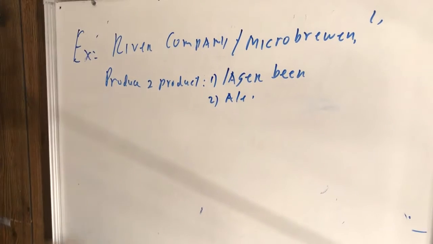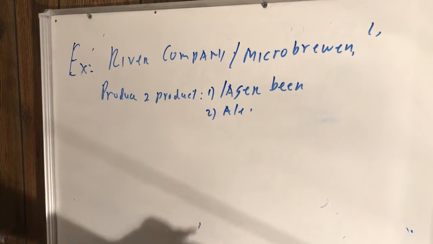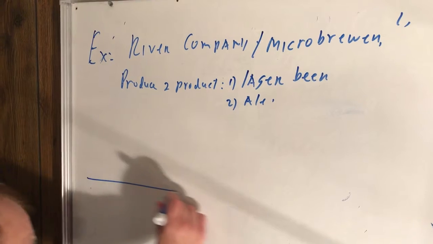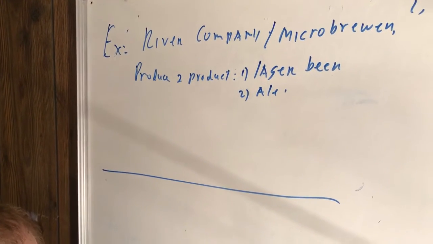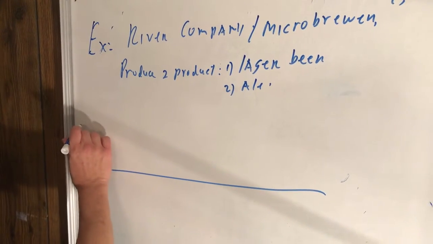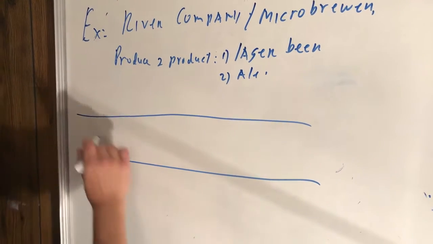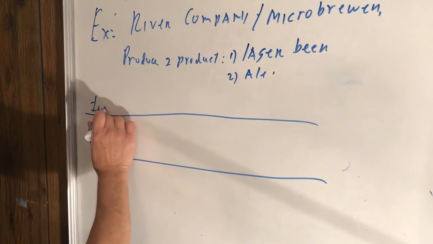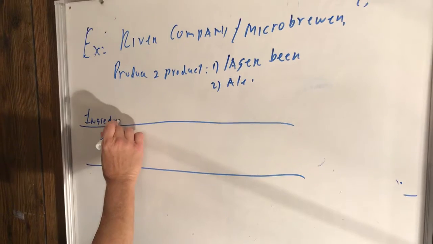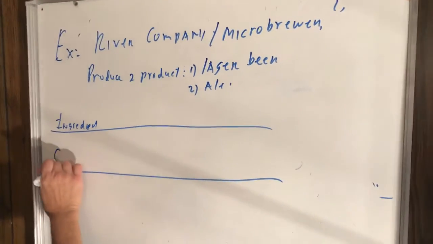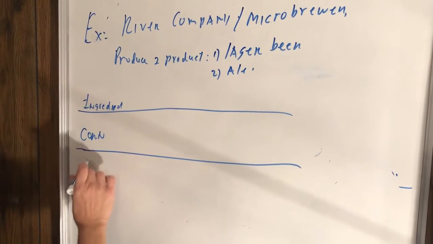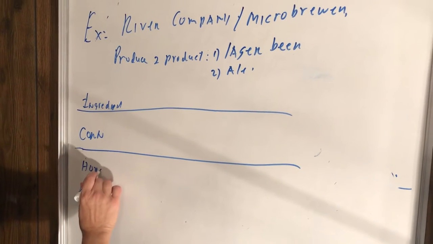All right, now each product depends on the availability of corn and hops. So they give you an availability chart. This is the ingredient. It's going to be corn and hops.